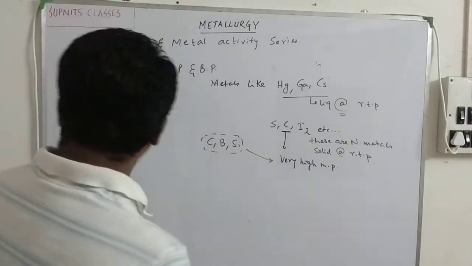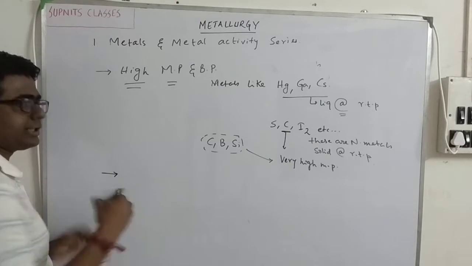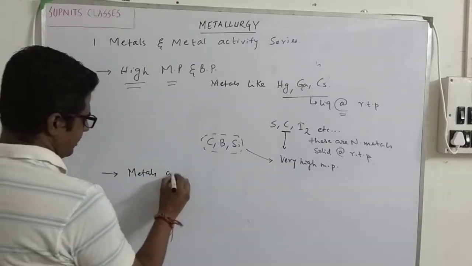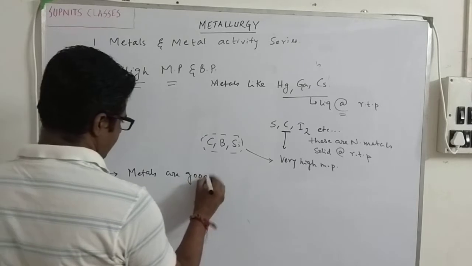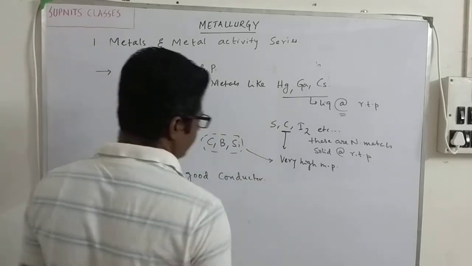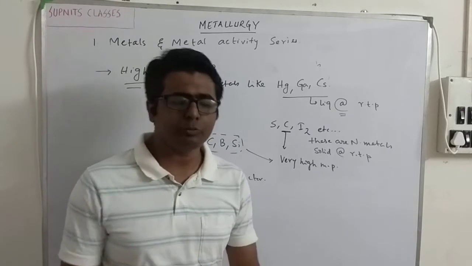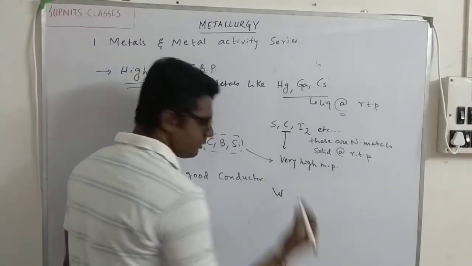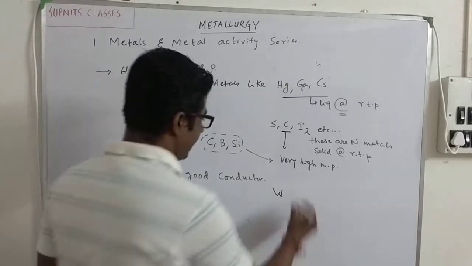Next point, with respect to electricity, metals are good conductors. Now what are the exceptions? Which is the metal which is not a good conductor? Identify? No? Tungsten.